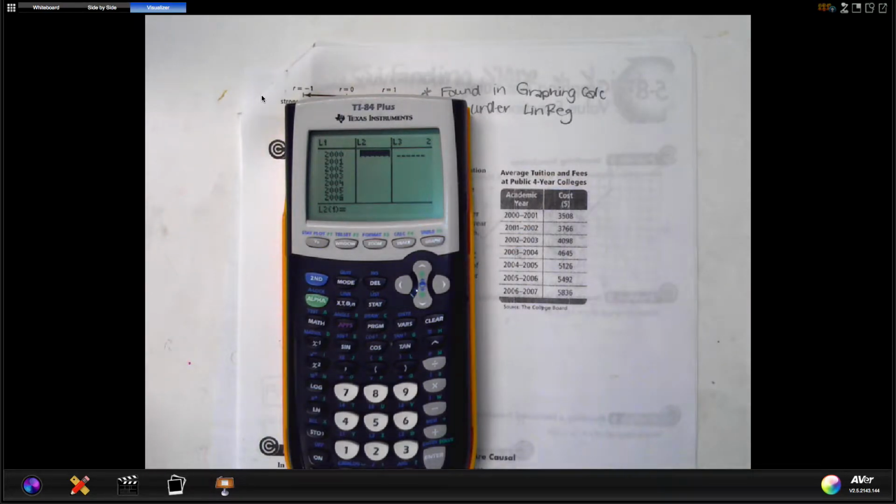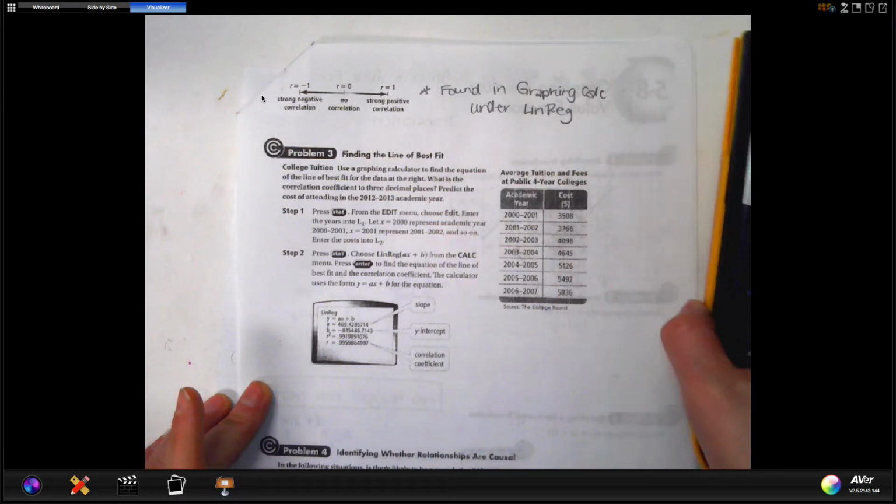So the cost in 2000 to 2001, so this is average tuition and fees. I'm assuming that's per semester.